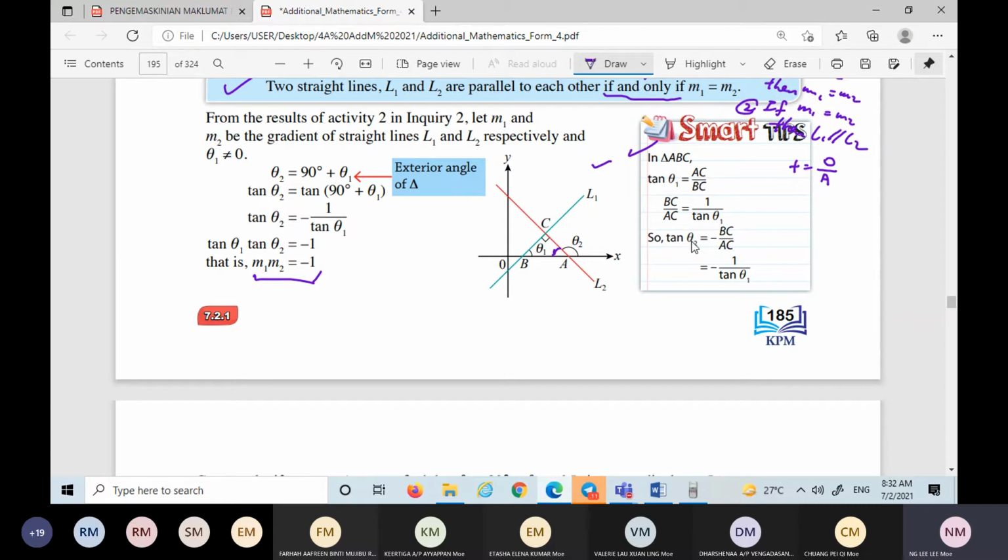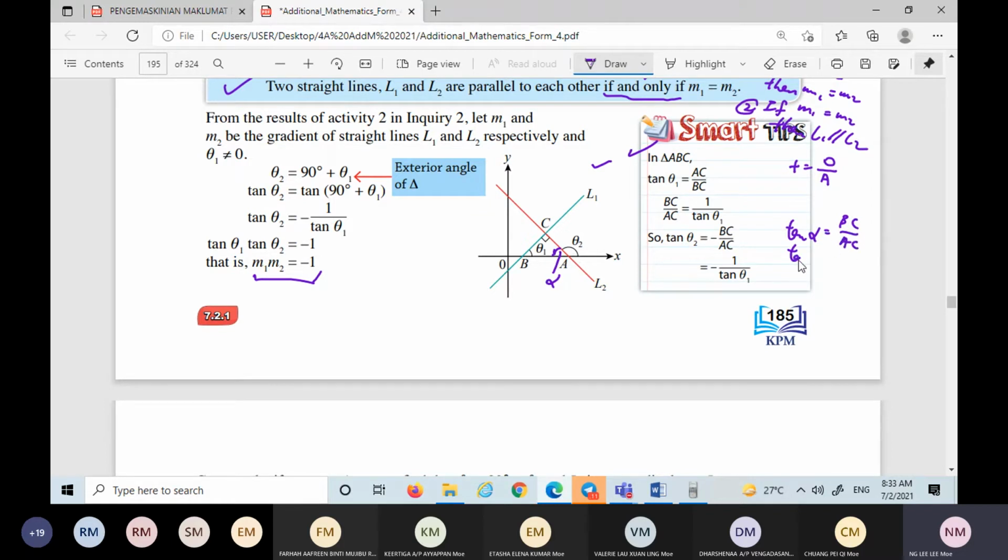But because theta 2 is in the second quadrant, bigger than 90 degrees, you have to put a negative. If I label this as alpha, tangent alpha is equal to BC over AC, positive.